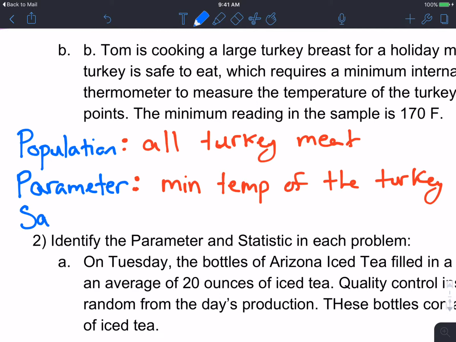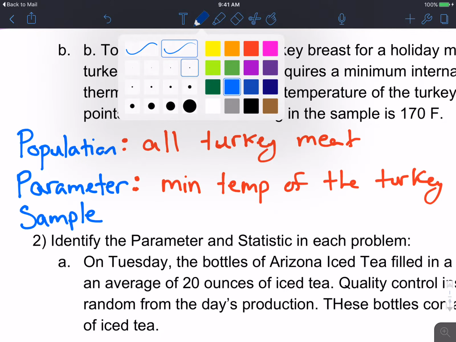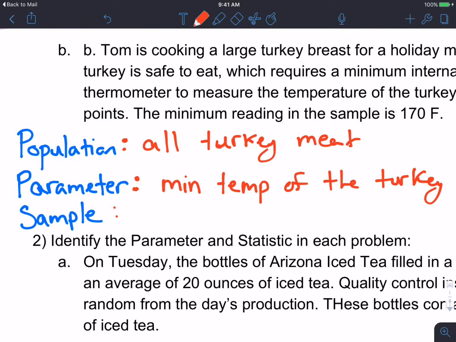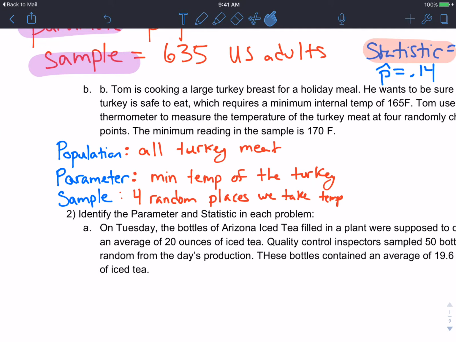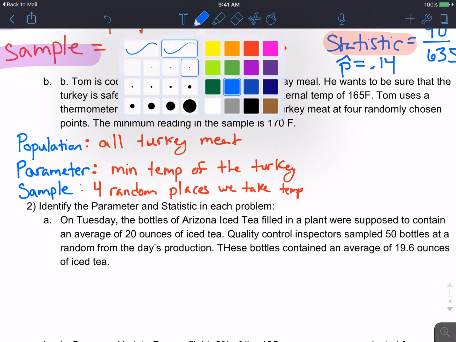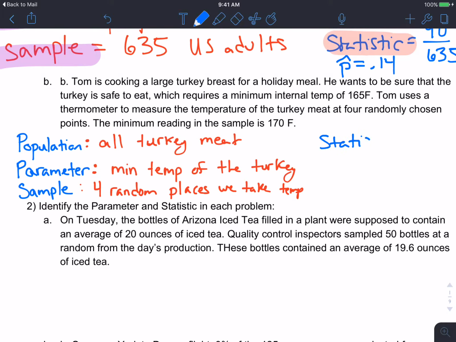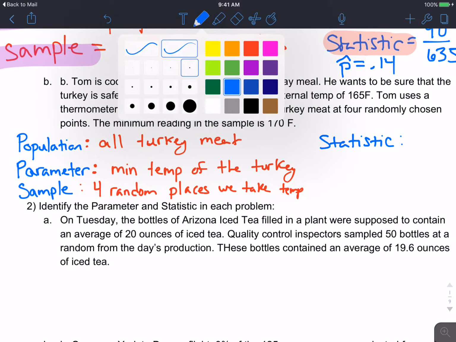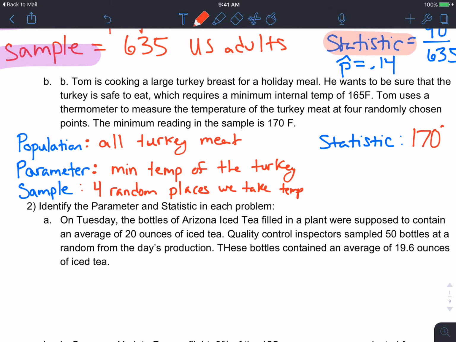The sample, since we're not pulling all the turkey, is the 4 random places we take temp. And then the last thing they want is the statistic. And what was the minimum reading of our sample? Our statistic was 170 degrees.